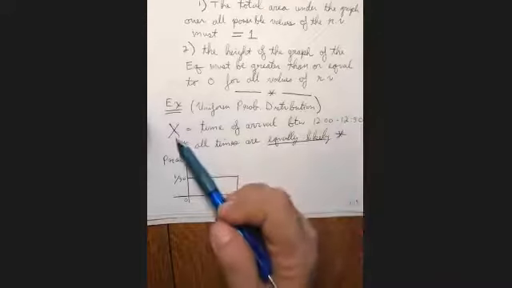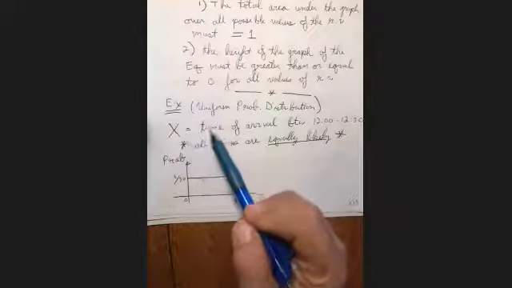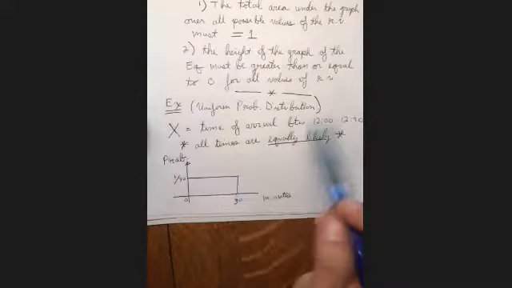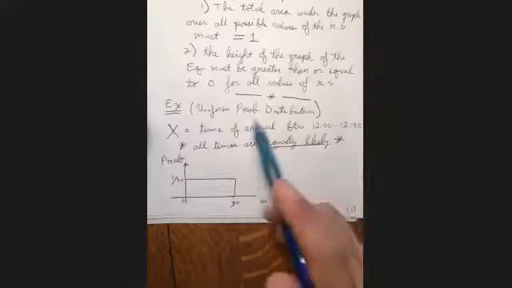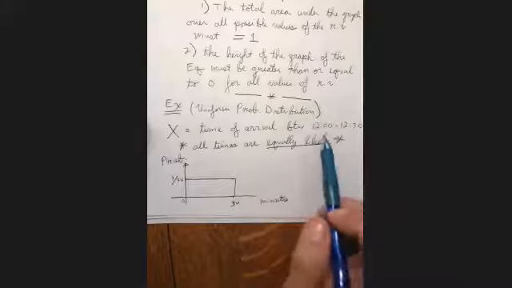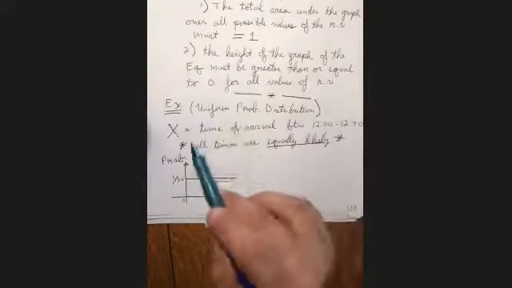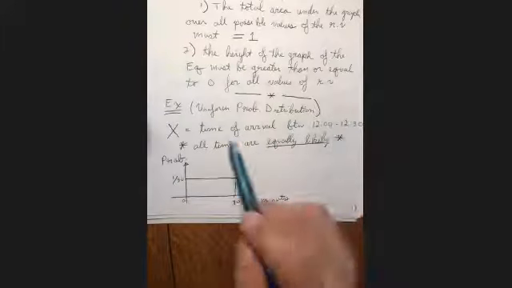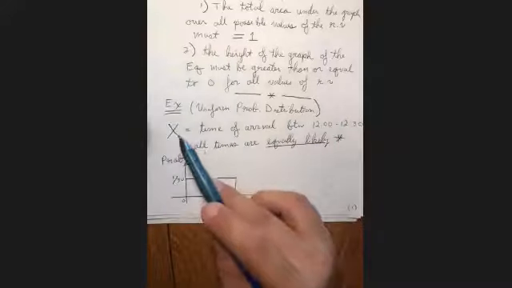I'm going to define a random variable. This will be a continuous random variable x that measures the time of arrival between noon and 12:30. Okay, so it measures it in the number of minutes that have passed since noon. Now I say that all times between noon and 12:30 are equally likely, which tips me off that this random variable is uniformly distributed.